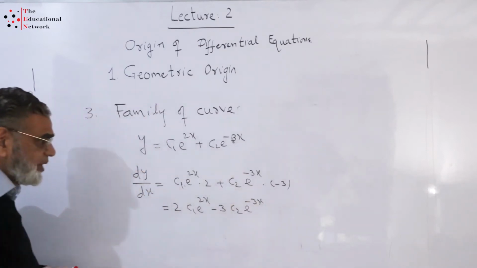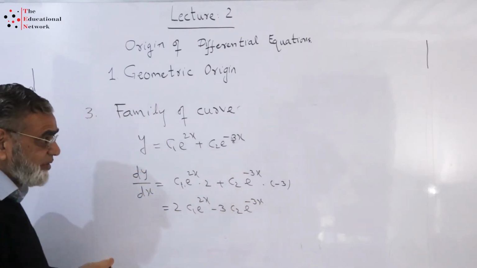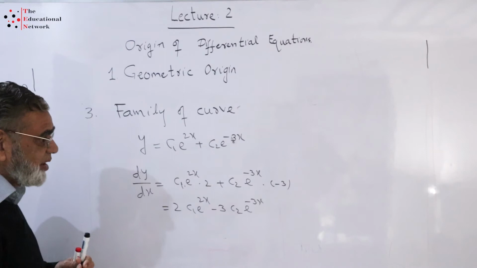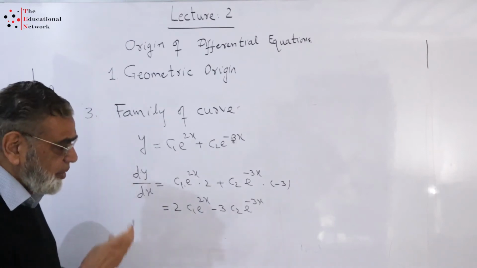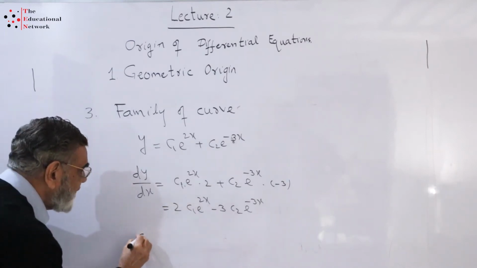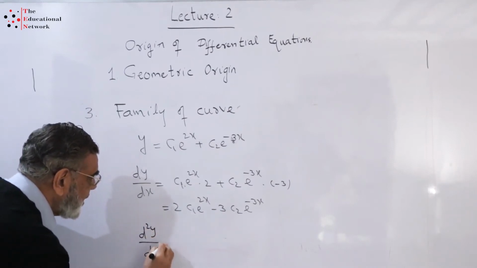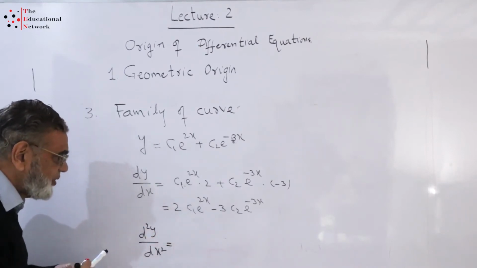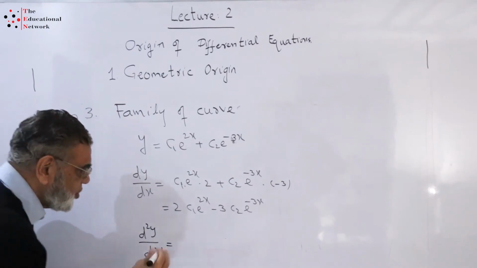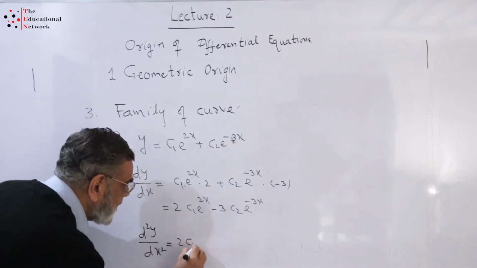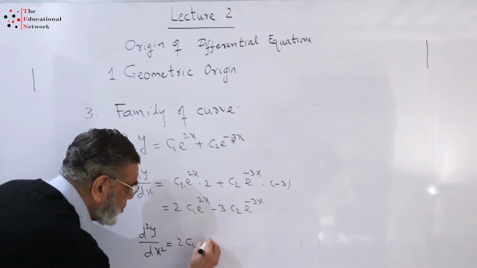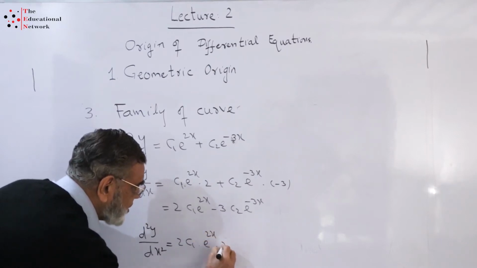Because our differential equation has two arbitrary constants, it must be of order 2. We take a second derivative. So I write d2y by dx squared: 2c1 is constant, derivative of e to power 2x is e to power 2x, and derivative of 2x is 2.